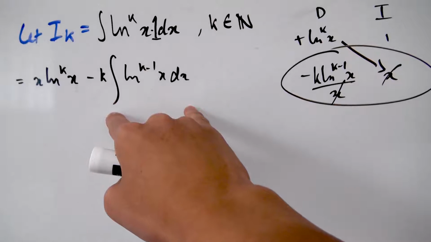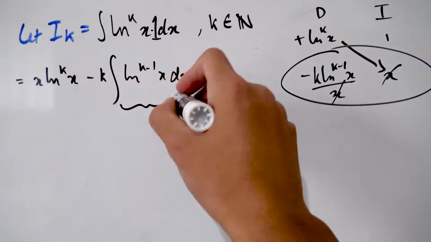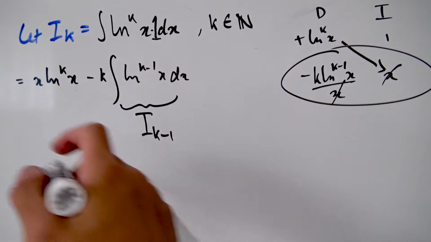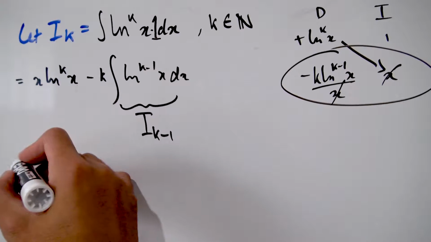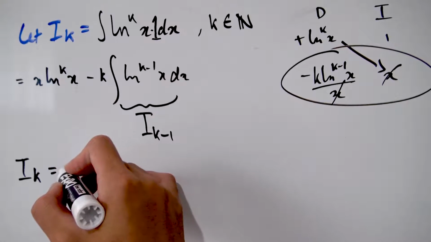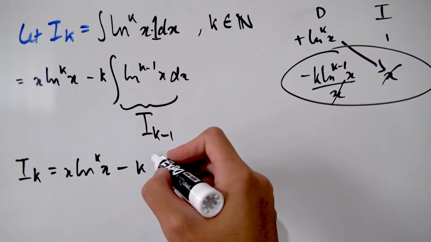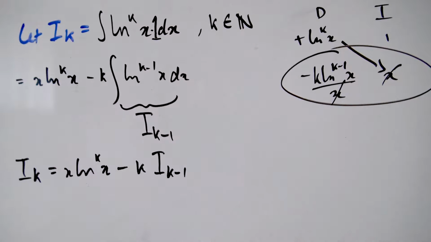So this thing is actually I sub k minus 1. So we can rewrite this a little bit. Our I sub k turns into x times natural log to the kth power of x minus k times I sub k minus 1.